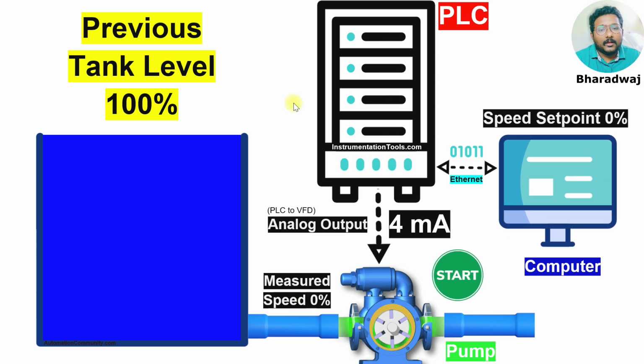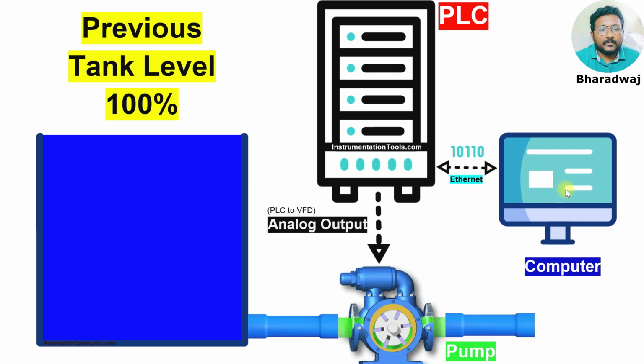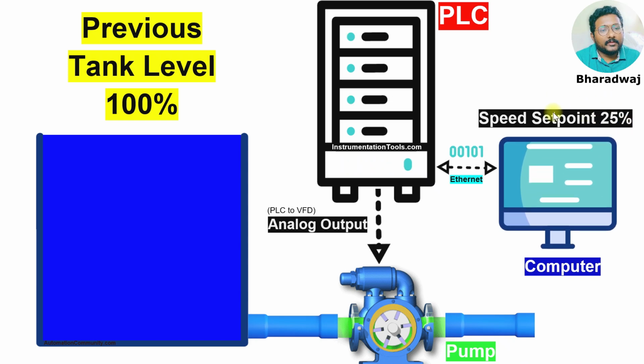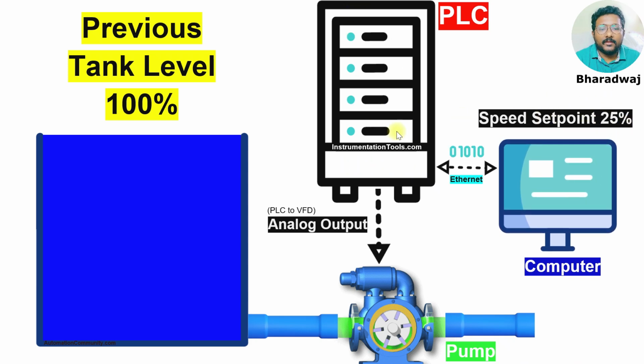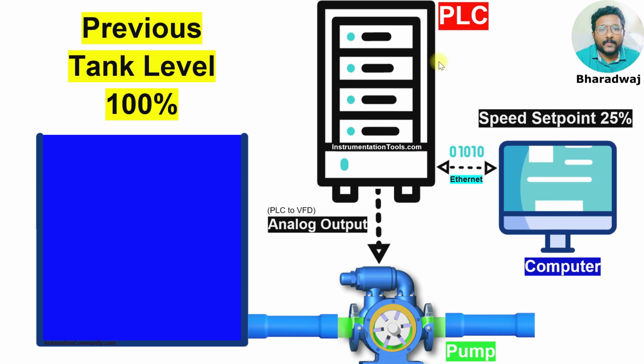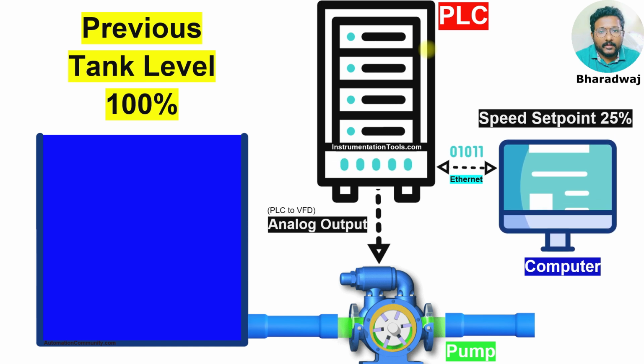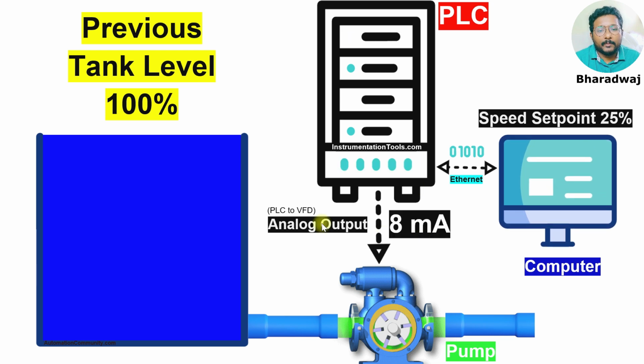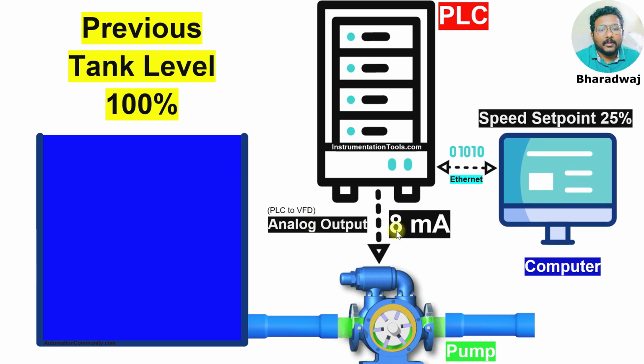Now the operator increases the set point. Now the operator gives 25% set point. This set point goes to the PLC via communication, and then the PLC calculates the equivalent analog output current value, then sends that current value to the pump, that means to the VFD. 8 milliamps is received.